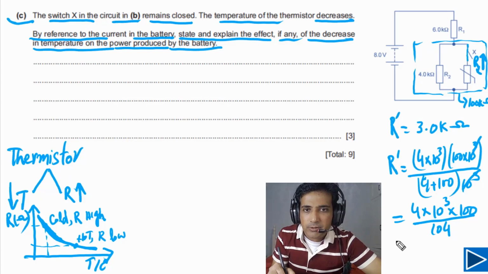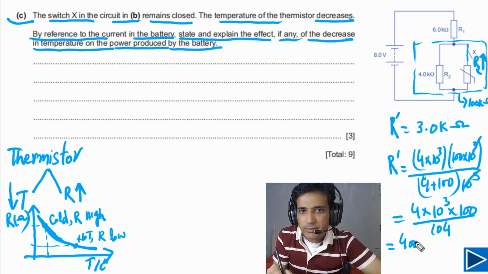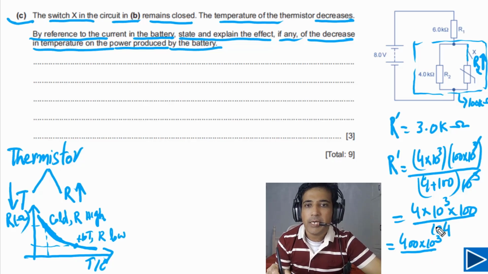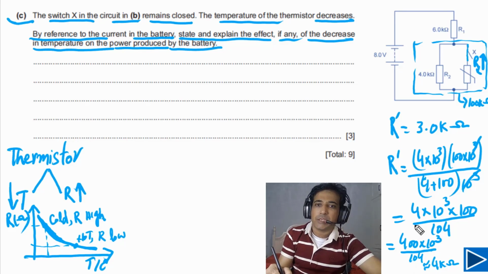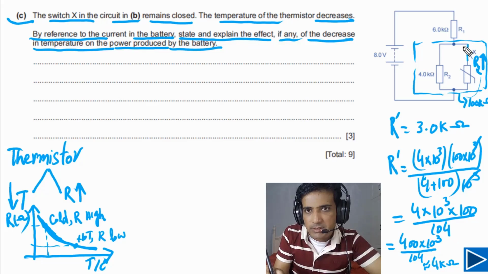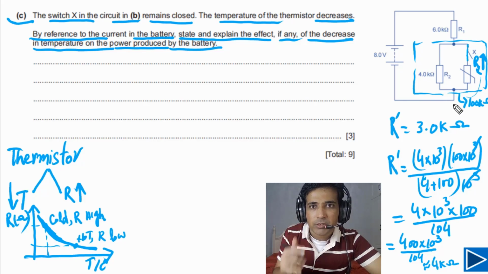In this case, you can see we have 400 times 10 to 3 divided by 104. So simply we can imagine this is 100. If you solve this one, your answer will be about 4 kilo ohms. So simply you can see from here, if this resistance increases, the total resistance of these two resistors increases. This is the main concept we need to understand.